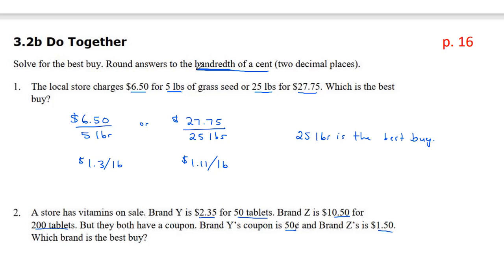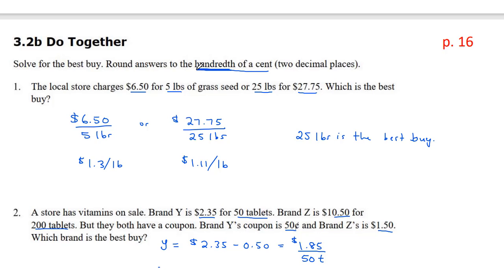Okay, well, let's take the coupon off first. So let's do Y. That's going to be $2.35 minus 50 cents. So that's going to be $1.85 for the 50 tablets.